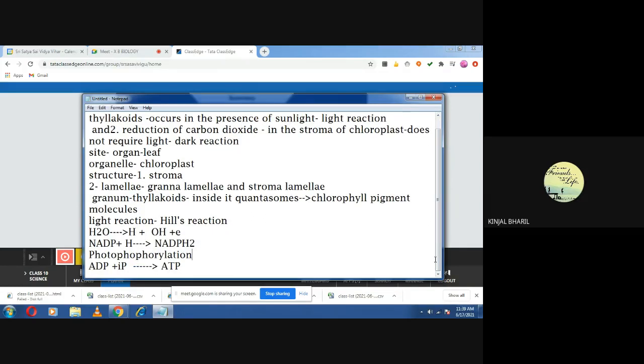Ma'am, which process is called photophosphorylation? The formation of ATP. Phosphorylation is this formation of ATP.